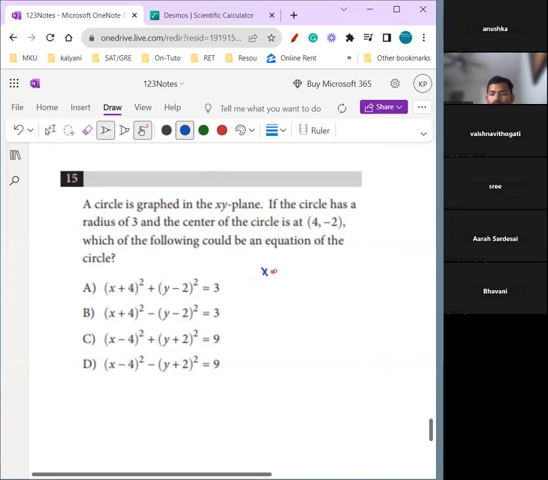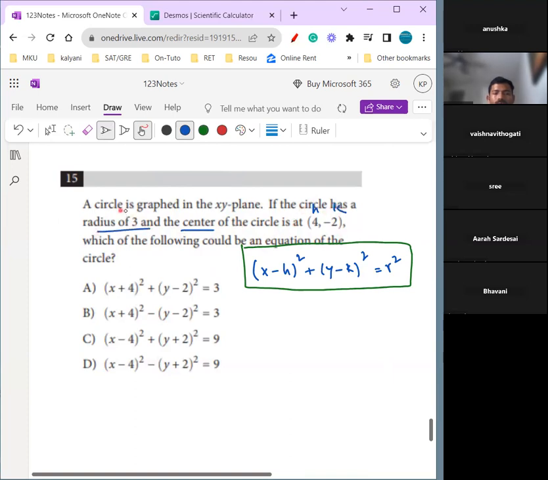So (x minus h) squared plus (y minus k) squared equals r squared. This is the circle equation when your center is (h, k). Now in this one, obviously they gave you the center, which is h and k, and then the radius, that's r. So all I need to do is plug it in.